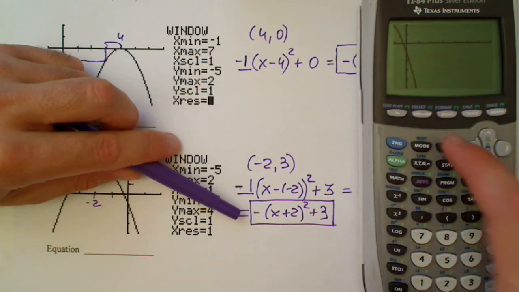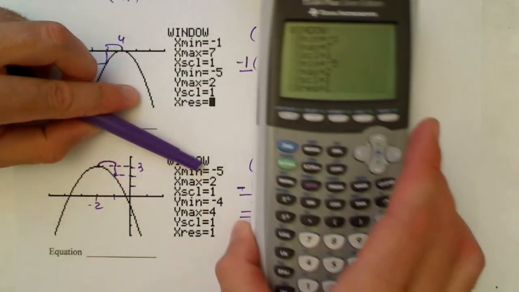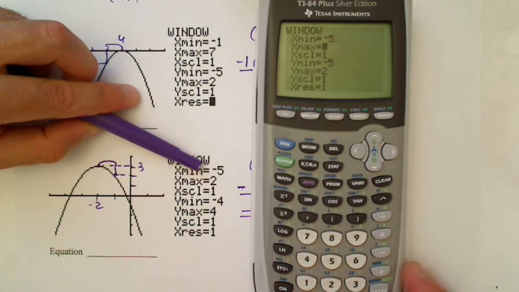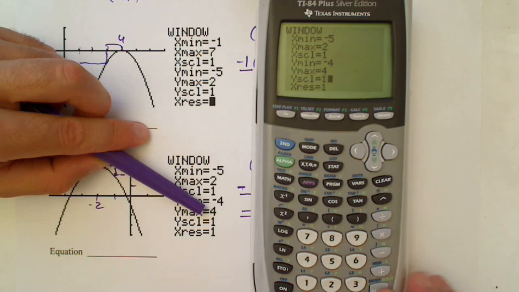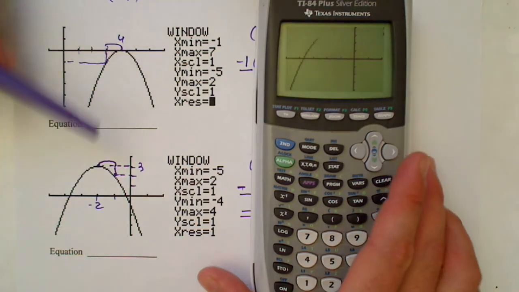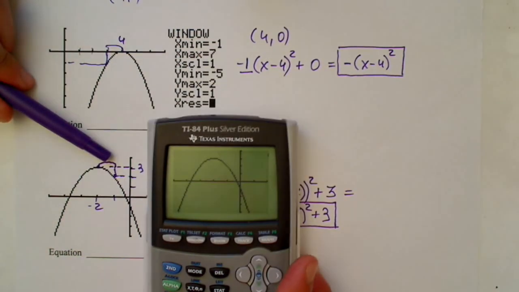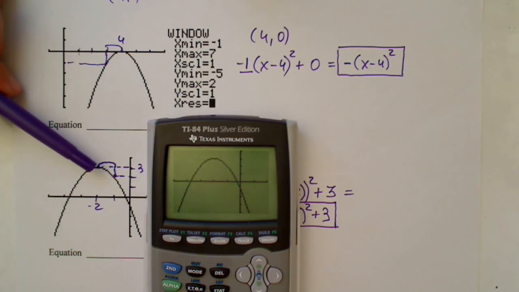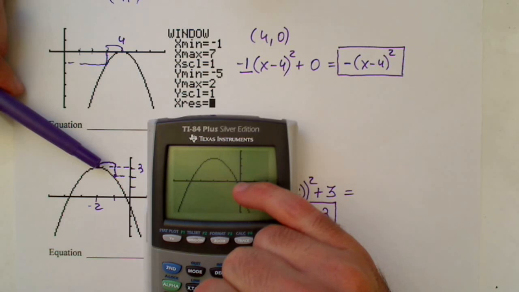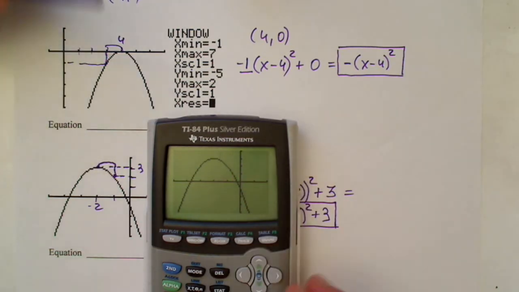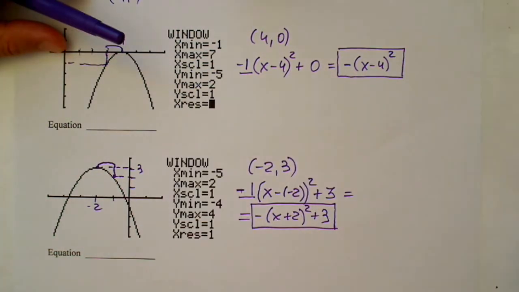Again, our window should be -5 to 1, -4, 4, 1. Graph, and we have exactly the same graph. We moved left 1, 2, moved up 1, 2, 3. That's it.